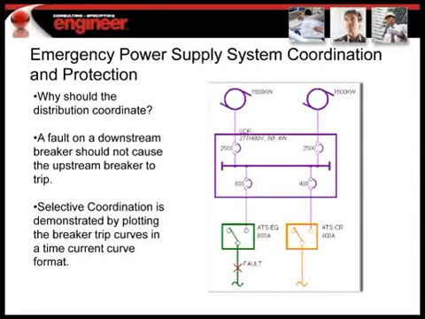In this case, we wouldn't want it to trickle up to the generators and knock the generator offline, because that would obviously affect other loads. So if we had a fault on the load side of ATS EQ, we would want the breaker that feeds ATS EQ to react first before the generator breaker reacts. If the generator breaker were the one that picks it up, it obviously would affect ATS TR.